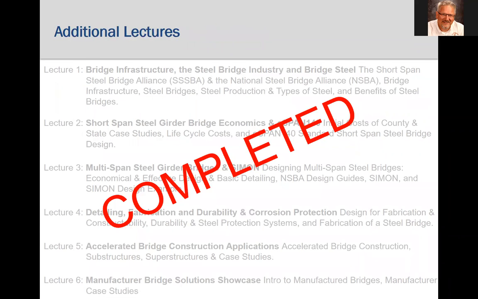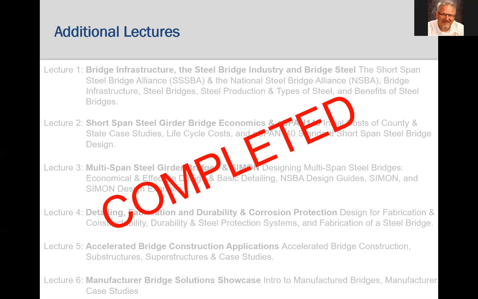So, congratulations, we have completed the 6 lectures in the Steel Bridges from Concept to Delivery education packet. We have learned much about the steel bridge industry. We have covered such topics as how steel is made and what types of steel are used for bridges, economics and benefits of steel bridges, the Short Span Steel Bridge Alliance and the National Steel Bridge Alliance that support the steel bridge industry, the design tool eSpan 140 for short span, simple span bridges, how to lay out and detail steel bridges for practicality and economy, and the powerful design software package, Simon.